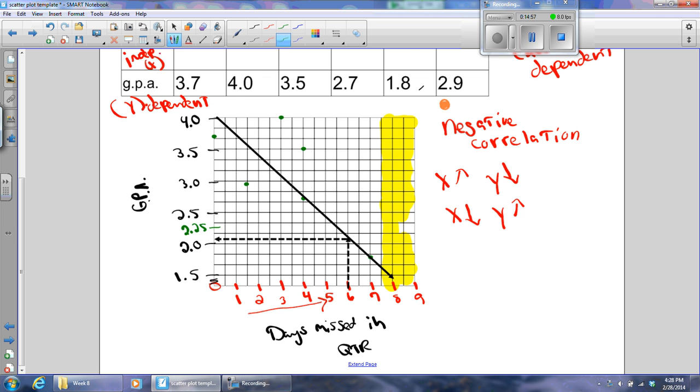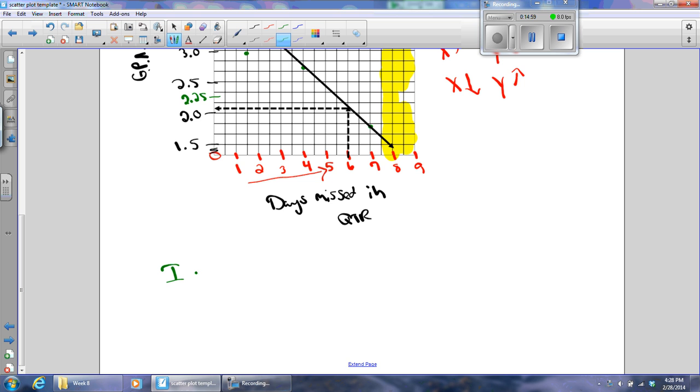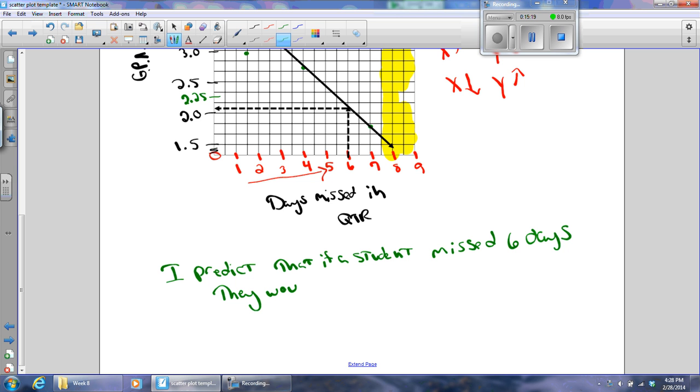So my prediction, I predict that if a student missed 6 days, they would earn about 2.15 GPA.